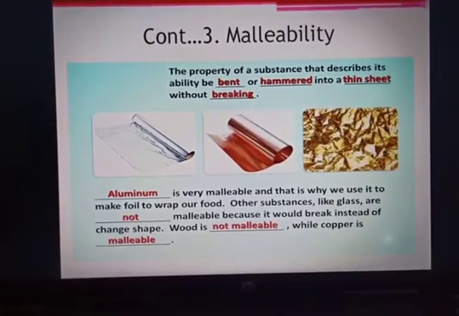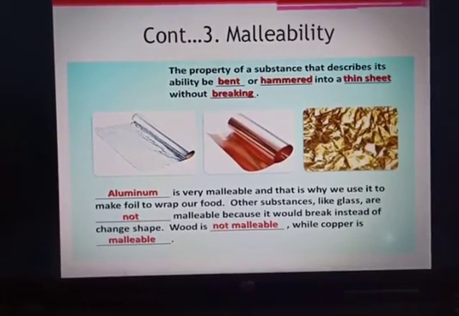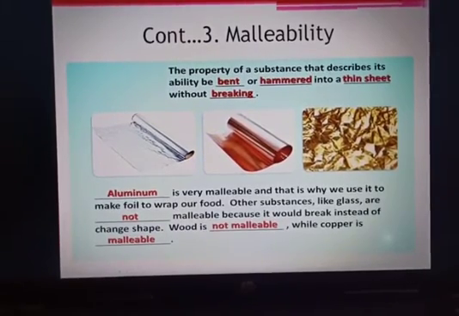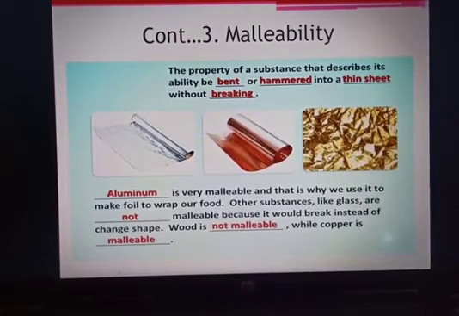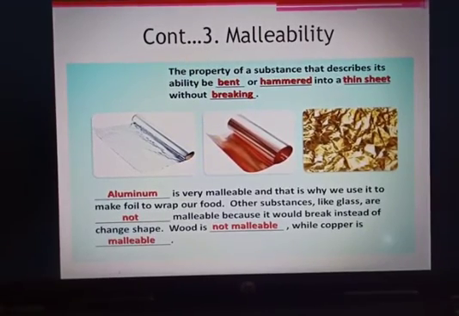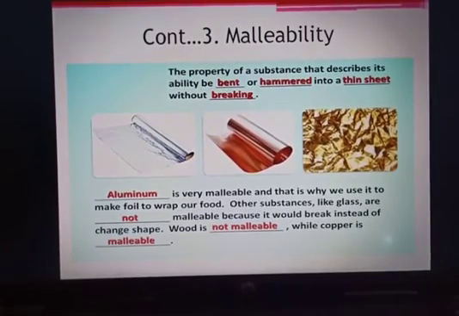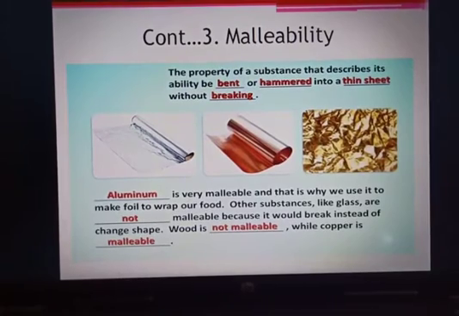Aluminium is very malleable, and that is why we use it to make foil to wrap our food. Other substances, like glass, are not malleable because it would break instead of changing shape, and wood is not malleable while copper is malleable.